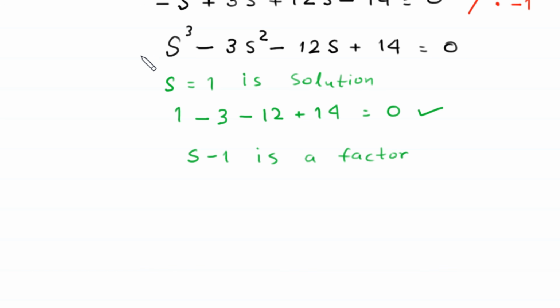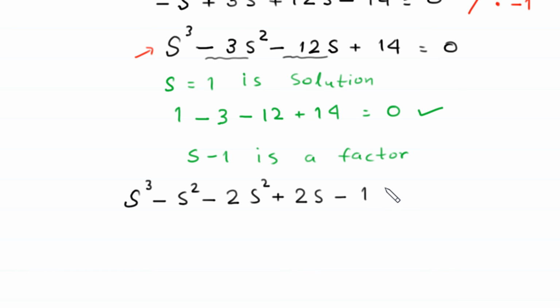So we rewrite this equation as s cubed. We write this negative 3s squared as negative s squared minus 2s squared. And we write this negative 12 times s as plus 2 times s minus 14 times s plus this 14 equal to 0.